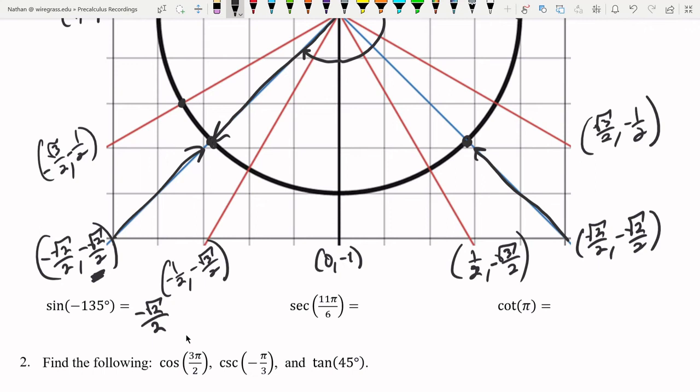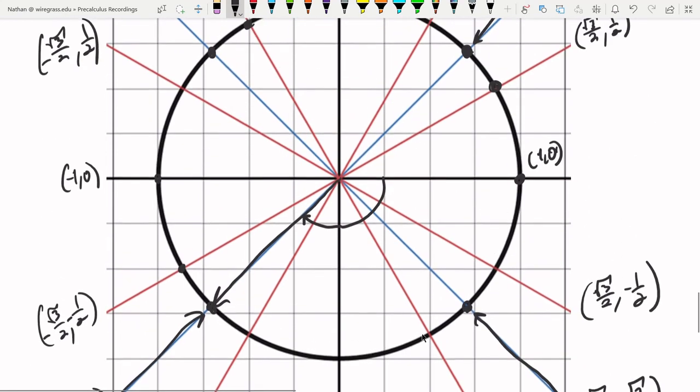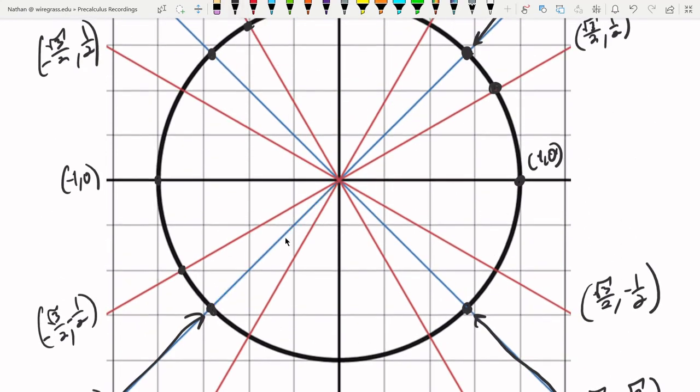Secant of 11 pi over 6, this is the same thing as 1 over cosine of 11 pi over 6. So 11 pi over 6 is going to be 1 pi over 6, 2 pi, 3 pi, 4 pi, 5 pi, 6 pi, 7 pi, 8 pi, 9 pi, 10 pi, 11 pi over 6 is right there.